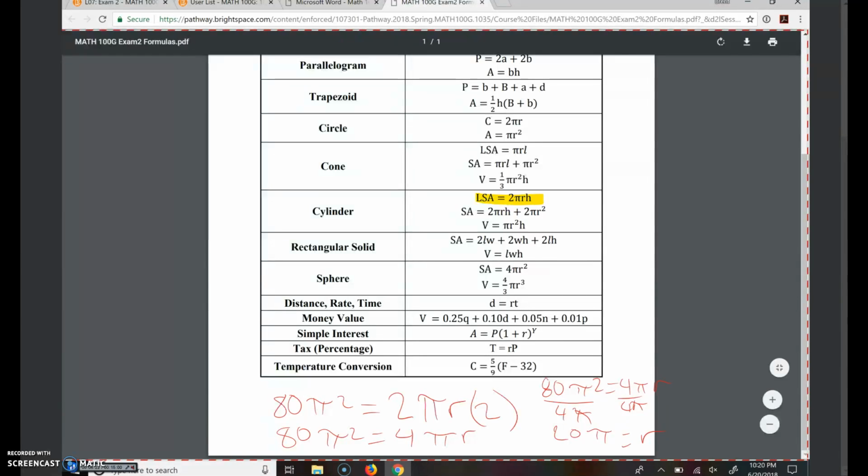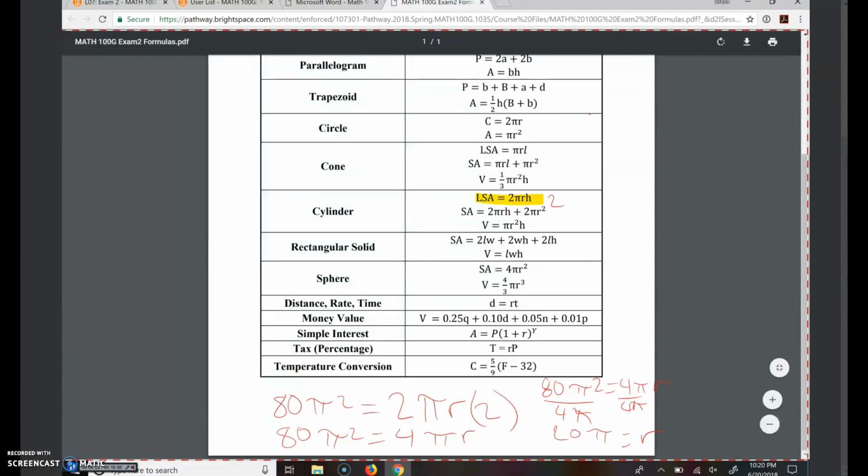If you were to go back and check that again, you can say 2 pi times 20 pi times 2. Sorry, that's messing me up because my pen's not working.